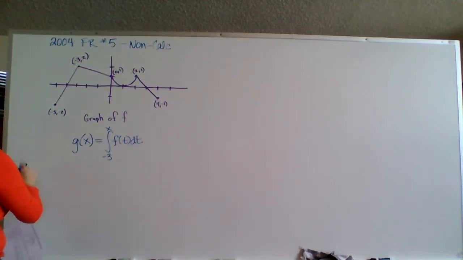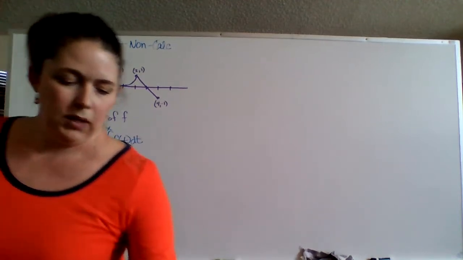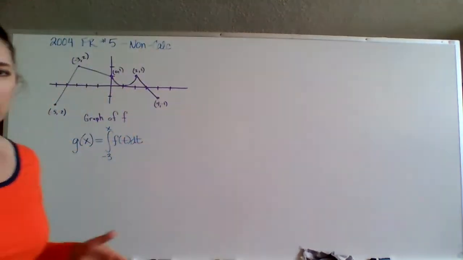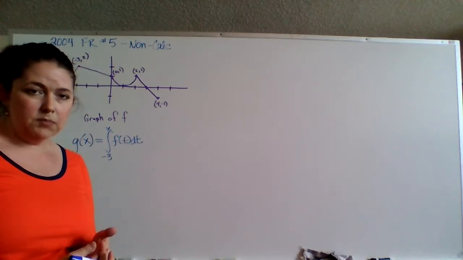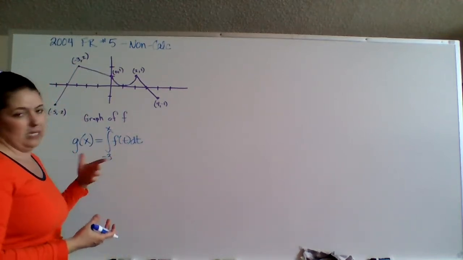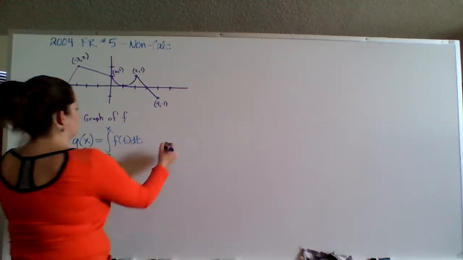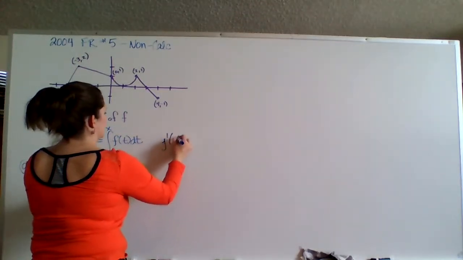Part A says to find g of 0 and g prime of 0. Because we are hoping you're getting into the groove of this fundamental theorem of calculus kind of problem, I'm hoping you realize that if I have an integral defined function, I'm going to take the derivative of both sides. So the derivative of g of x would turn into g prime of x.